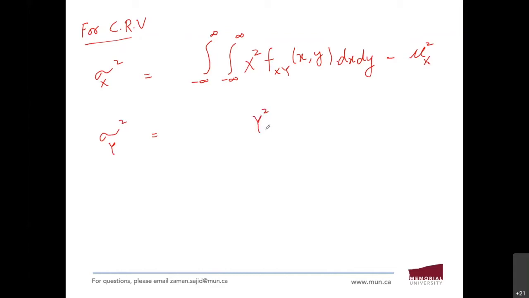Those should be multiplied by the joint probability f of x of y in terms of continuous random variable. And I take the integrals. This will be from minus infinity to plus infinity into dx times dy, which is for the integral, and we subtract our mu square value because we are talking about the y variable. It should be for y.